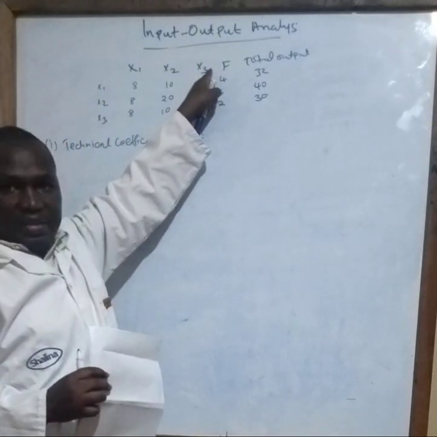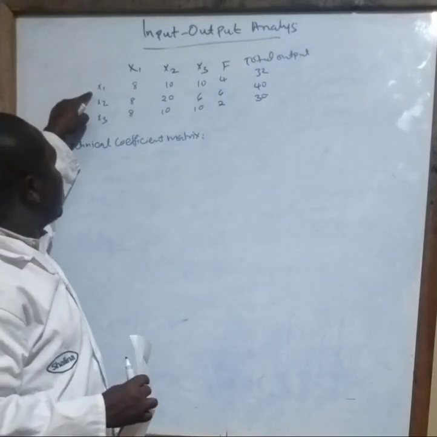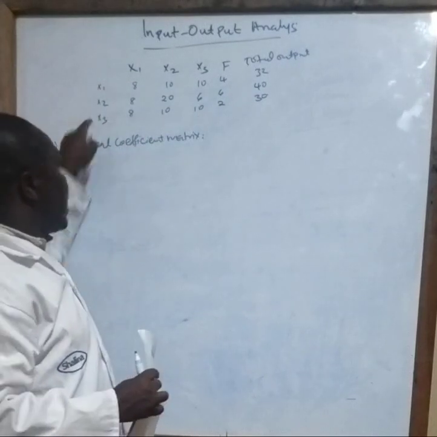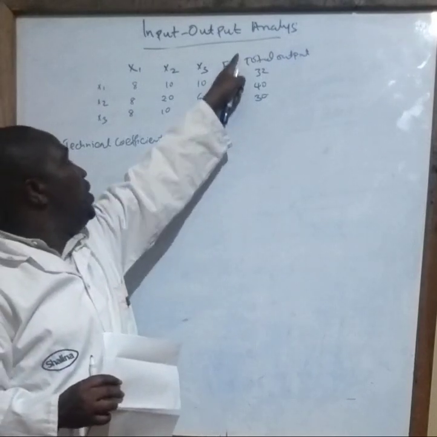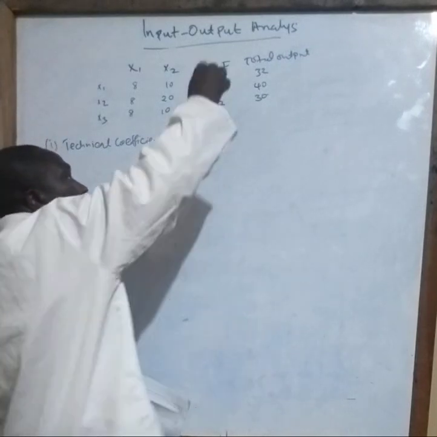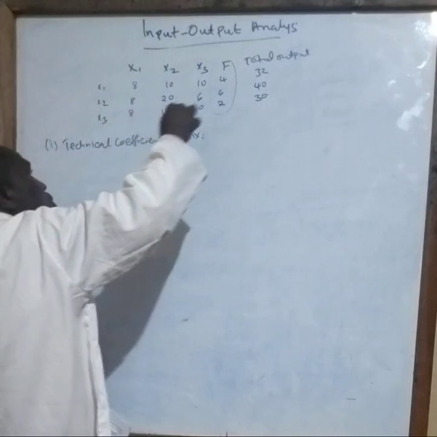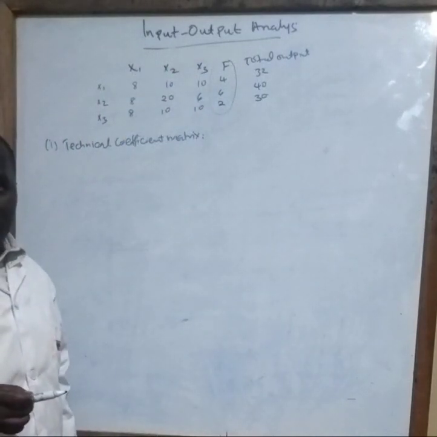For 1 unit of X3, you need 10 units of X1, 6 units of X2, and 6 units of X3. Now, the 4 you are seeing here, this is what is sold to the external consumers outside there. But this one here will be consumed by the interdependent sectors or industries.